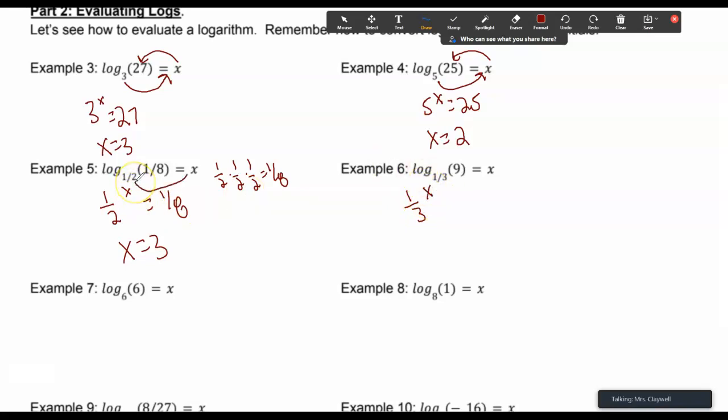So we're just doing this loop thing. This is a little different. I'm going to think of this as 3 to the negative x.